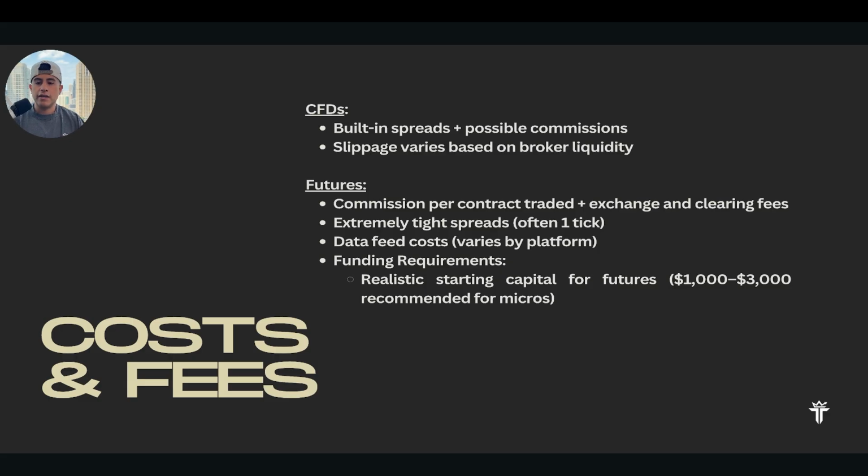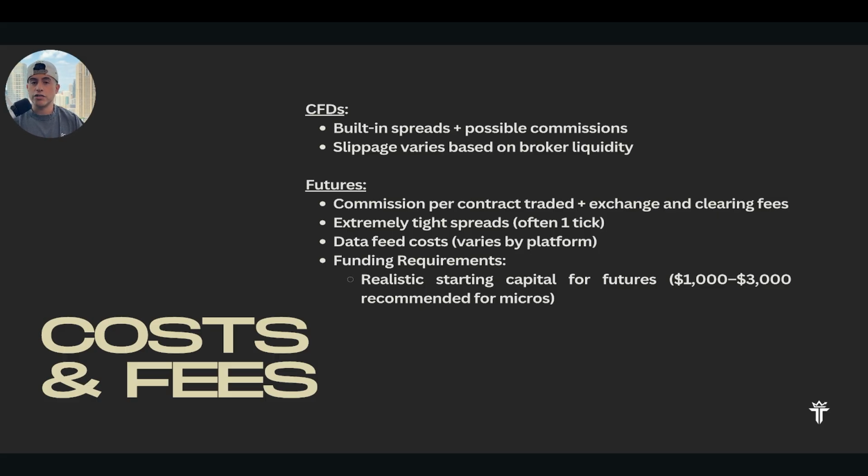And then this is the big one. With funding, like how much you need to open up a trade, with futures you are going to need a little bit more. And I know a lot of this pertains more to the U.S. because CFDs outside of the U.S. are just way easier. You don't have the same regulations. You don't have the same limitations. So I know a lot of this is going to be catered more towards US based traders.